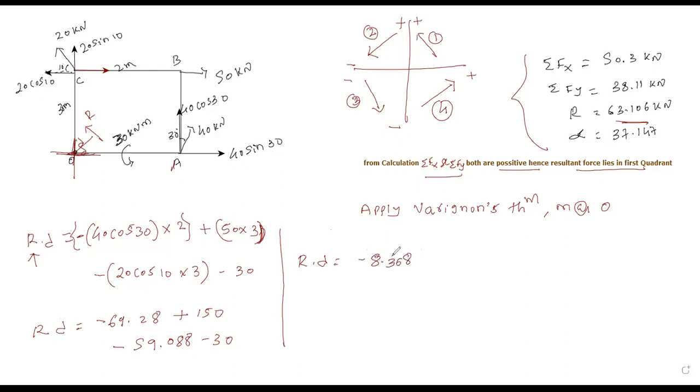Tell me, I am asking the answer of R into D. We have already calculated the value of R. So put the value of R in this. You have to do 20 cos 10 into 3. Do 20 cos 10 into 3 and tell me its answer.